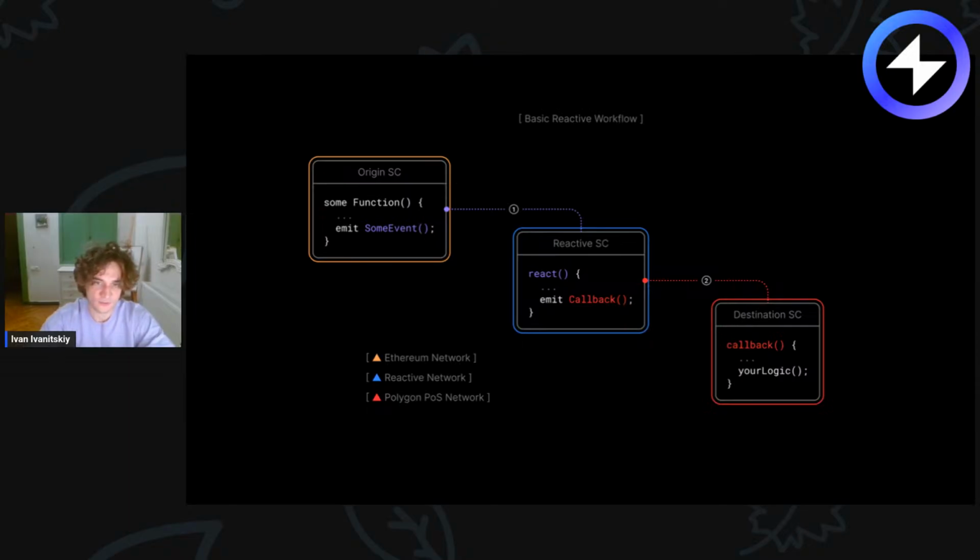So this whole thing happens in a decentralized manner, without holding your private keys, without relying on some centralized hardware. If an event happens on an origin smart contract, then it is processed by a reactive network, and then a callback is sent to the destination smart contract.